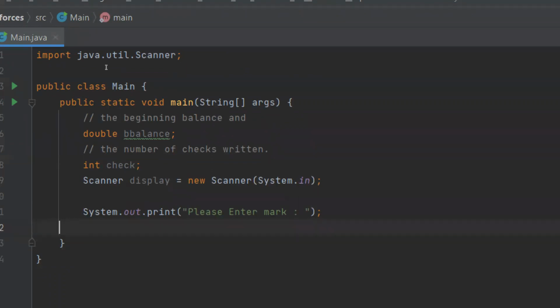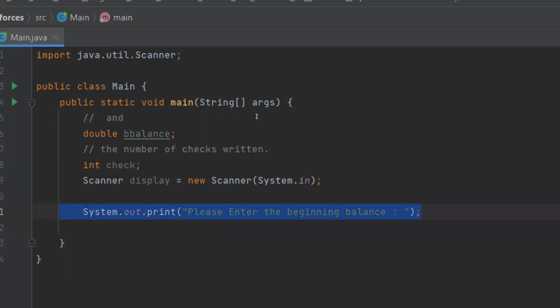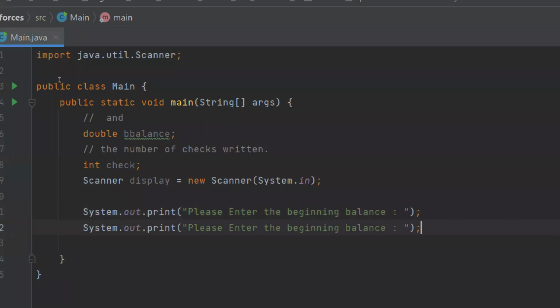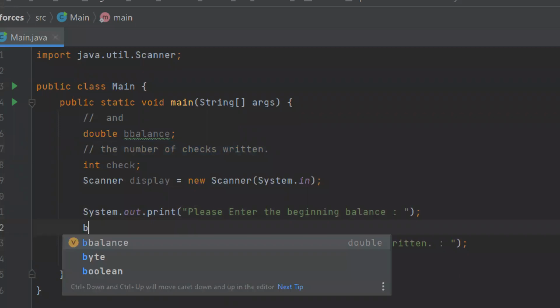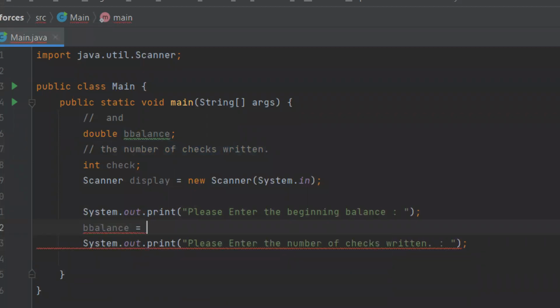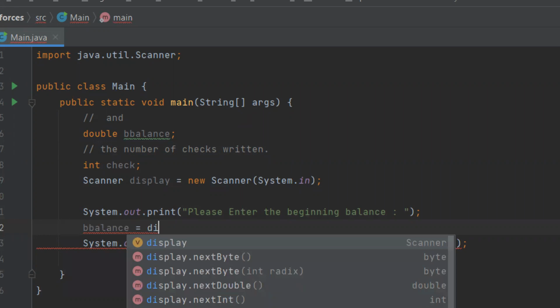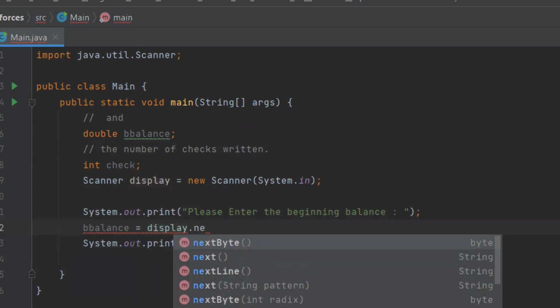Over here, I'll say, please enter the beginning balance. And of course, if I will ask the user to enter the beginning balance, I'll also ask the user to enter the number of checks written. These are key. For the beginning balance, I would save it inside B balance. So this should be equal to display dot next what?